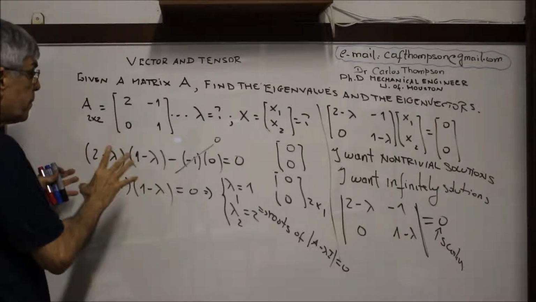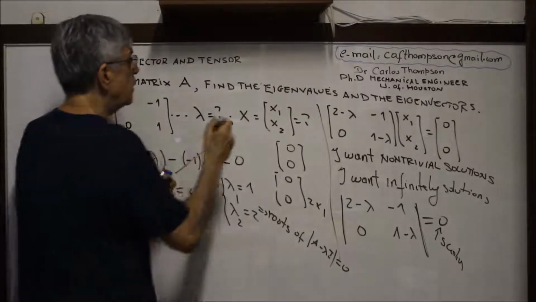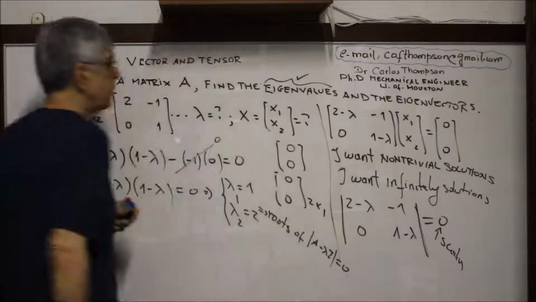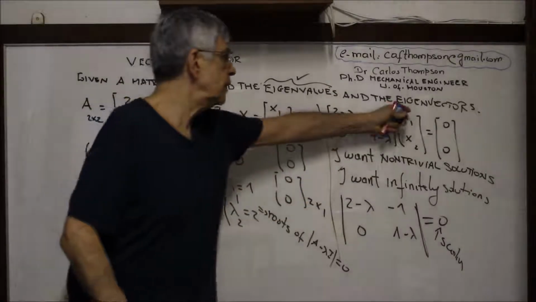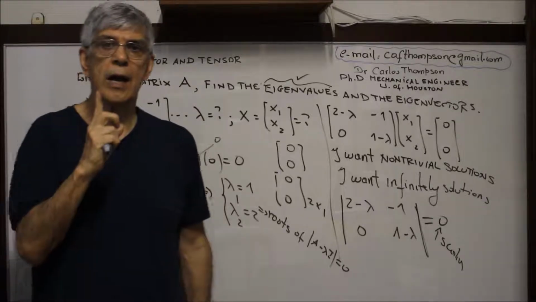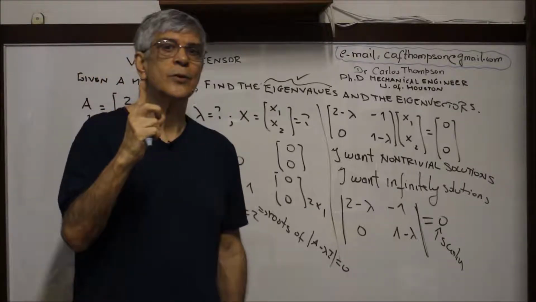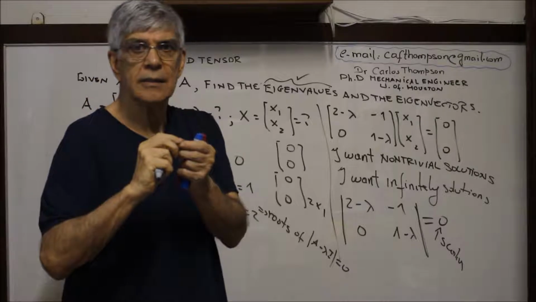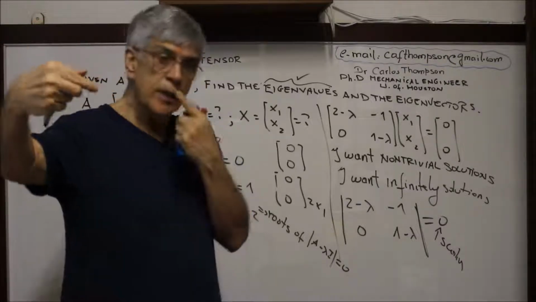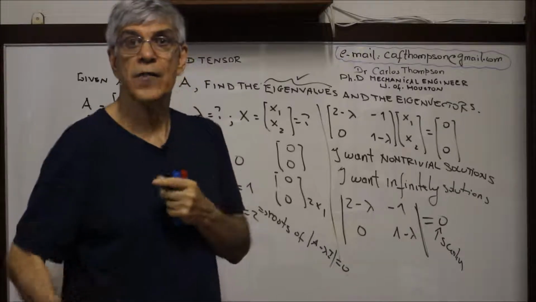Now, the next step: this is calculated. Now we need the eigenvectors. Don't forget what we mean by eigenvector: AX must extend or compress or change the direction of the vector x.